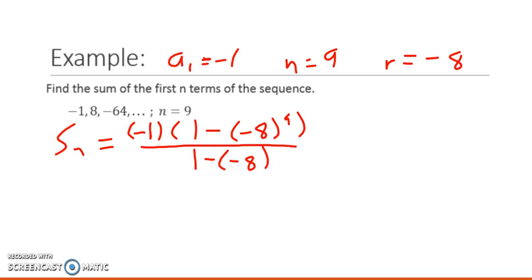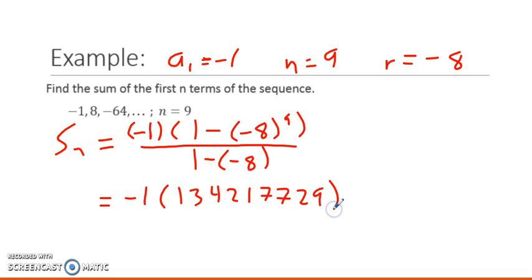So now to simplify this a little bit, you're going to get a pretty big number with this because negative 8 to the 9th power is huge, and then you're doing 1 minus that value. So I'm ending up with 134,217,729. And all of this is going to be divided by 1 minus negative 8. The double negatives cancel out, so you're dividing by a 9.